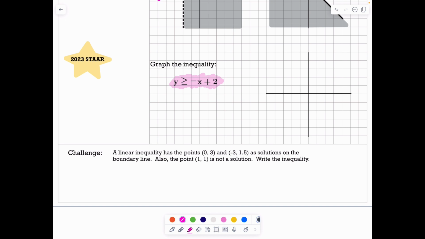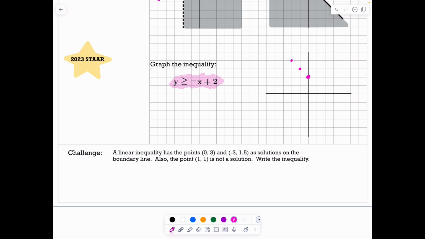So same as a linear function, I start with the y-intercept. So I graph the point 0, 2. Using the slope, I find more points.